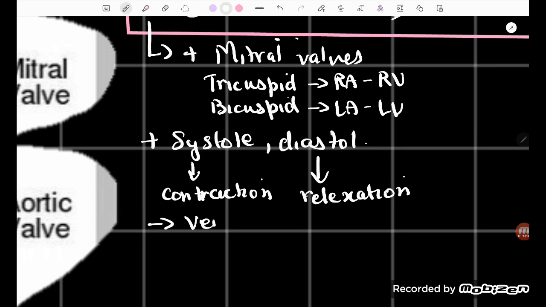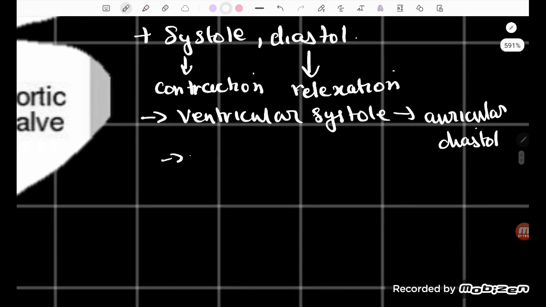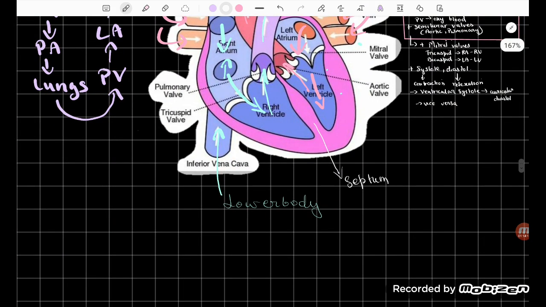So during ventricular systole, it is auricular diastole and vice versa. There's still so much.